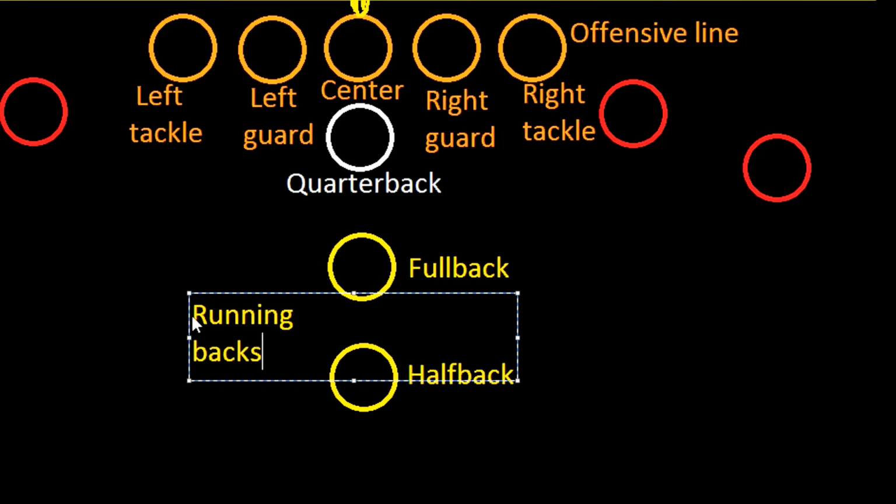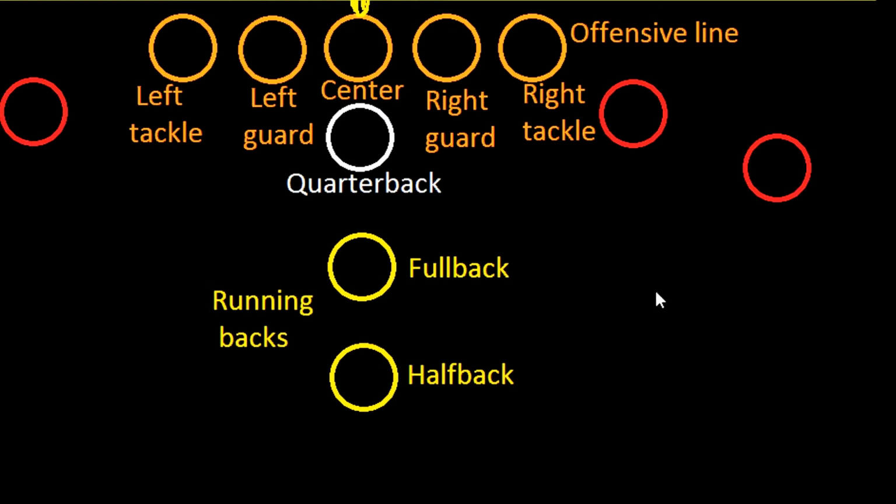So either way, these guys are considered running backs. And so if the quarterback does decide to hand the ball off, he will turn around with the ball, hand it off. Usually it can be to either guy, and typically though it will be to the halfback, and he will run with the ball.